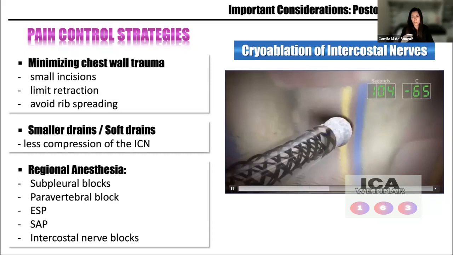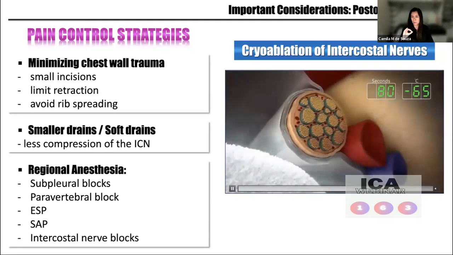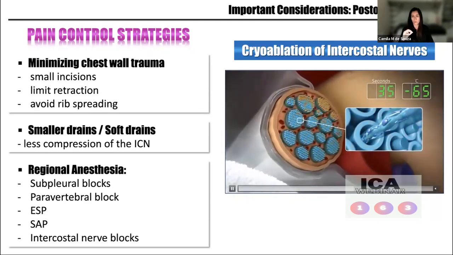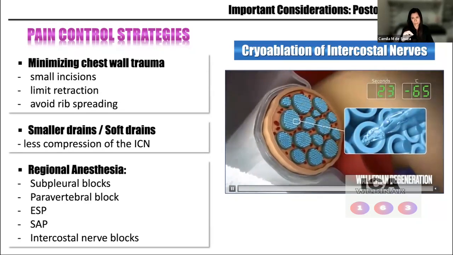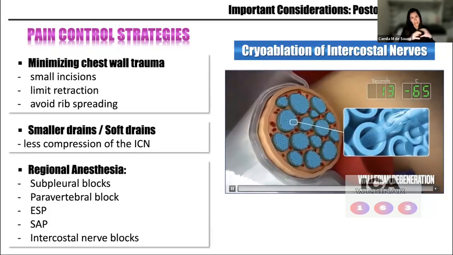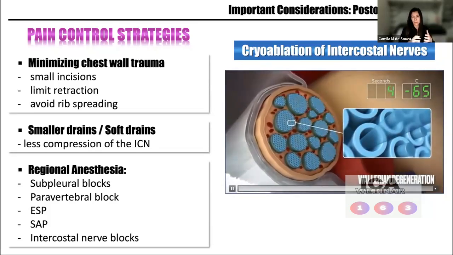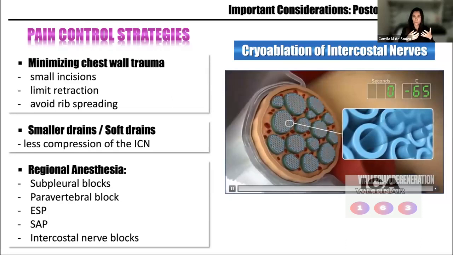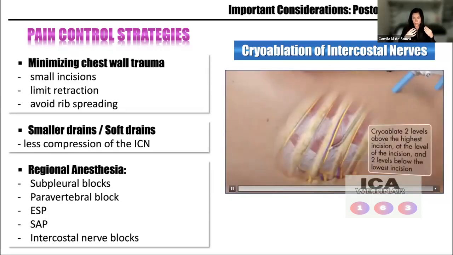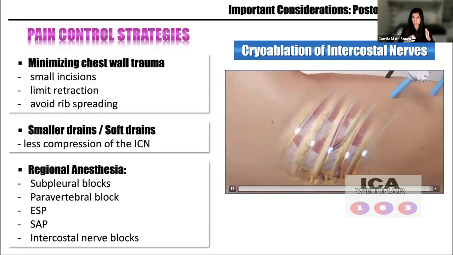And essentially what this probe does is it induces a specific type of nerve injury called Wallerian degeneration, in which the axons are destroyed, but the structure of the nerve, so to speak, is preserved. So we hope that the nerve will regenerate, regrow, and regain normal function.